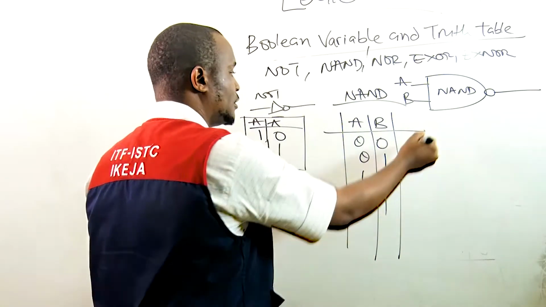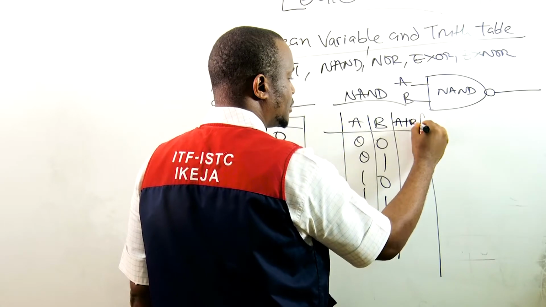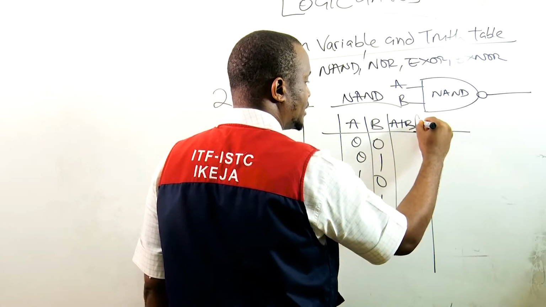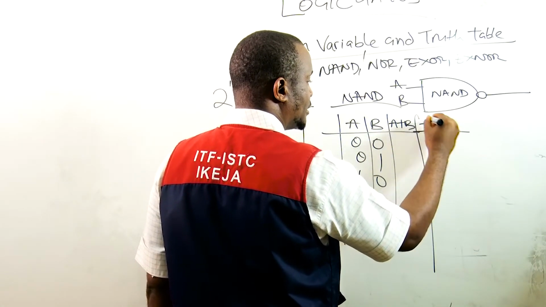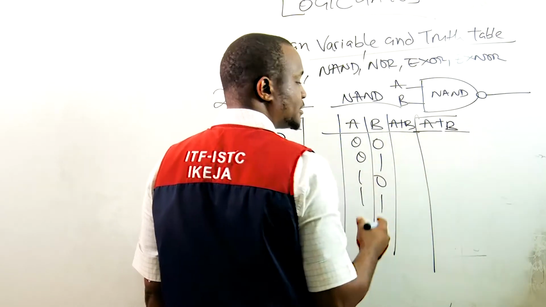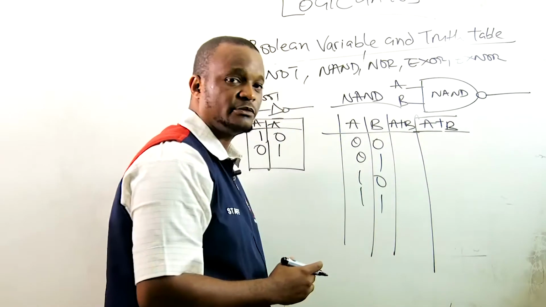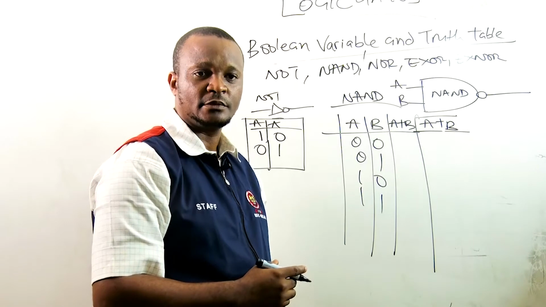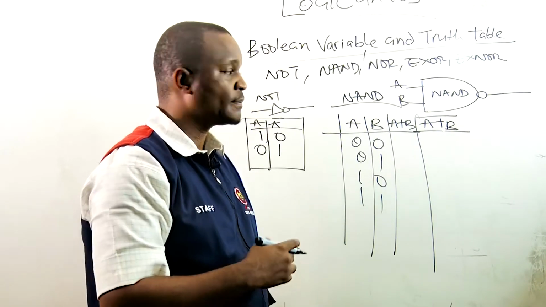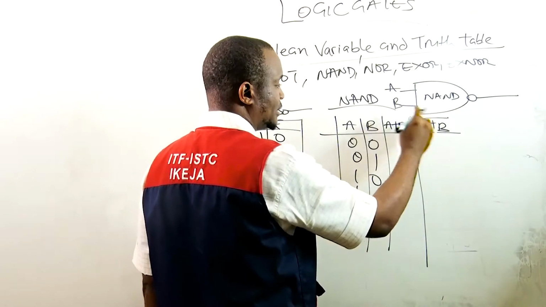So if we decide to use A and B, and then remember NOT is A and B prime, or not equal to, or complement. So these are possible names that you can see it, because some refer to it as prime, some refer to it as not equal to, while some refer to it as bar.